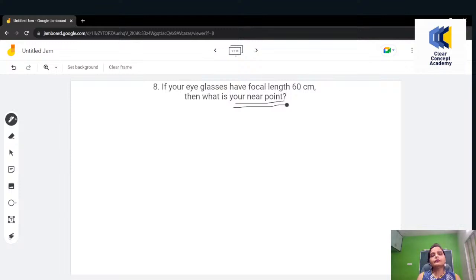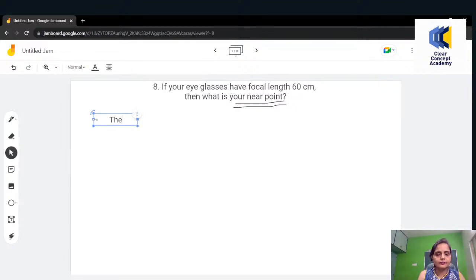To correct the farsightedness or the defect hypermetropia, what kind of lens is used? It is always the convex lens. And as per the convention, the focal length of the convex lens is always positive. So the defect is hypermetropia, and the corrective lens used is concave lens.